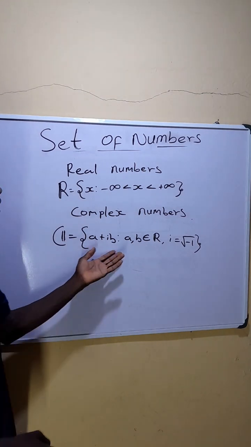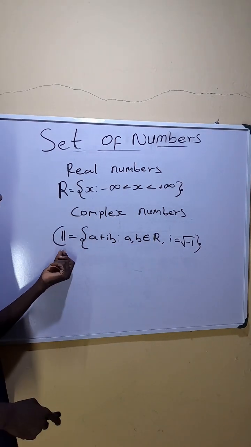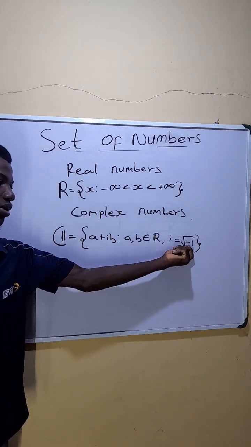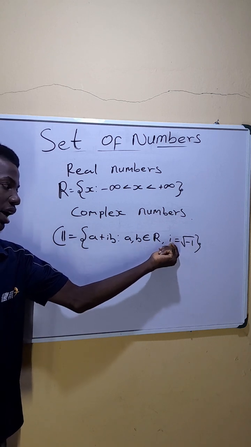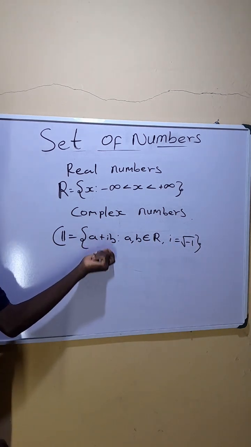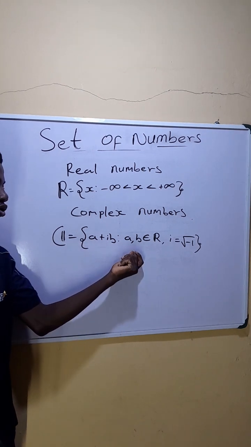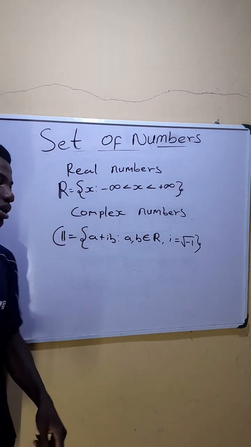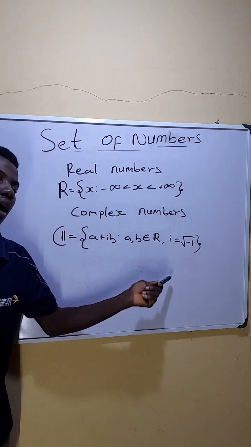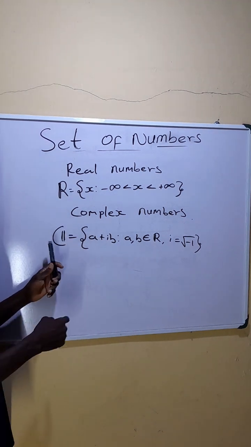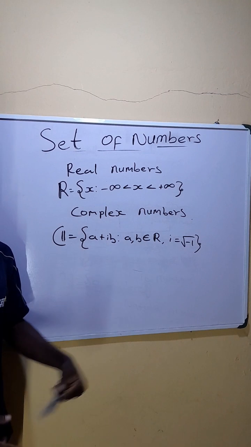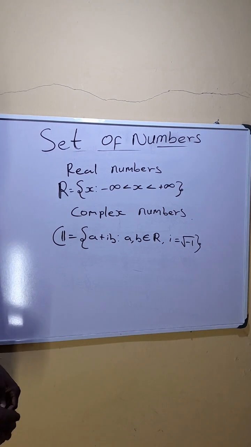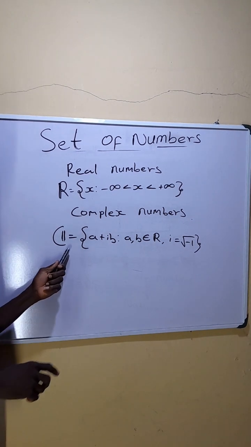So this is the definition of complex numbers. Now, what makes this thing complex is this square root of minus 1, which we know as i. A and B must be from real numbers. Under this complex number, note that all real numbers are complex numbers, but not all complex numbers are real.